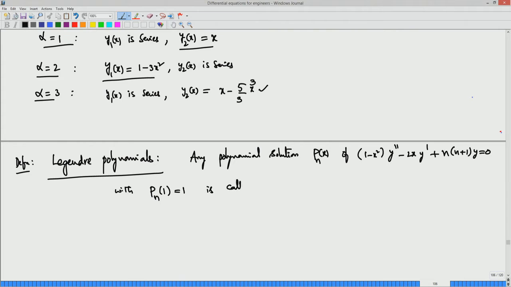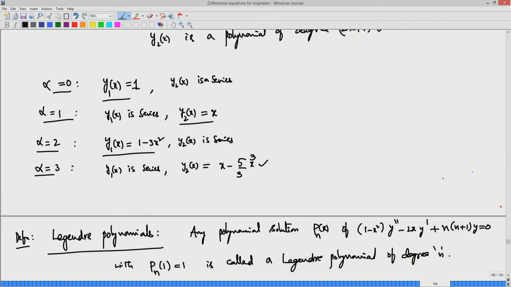It is called a Legendre polynomial of degree n.